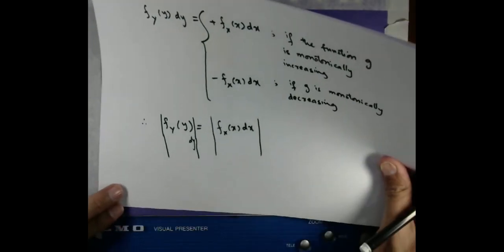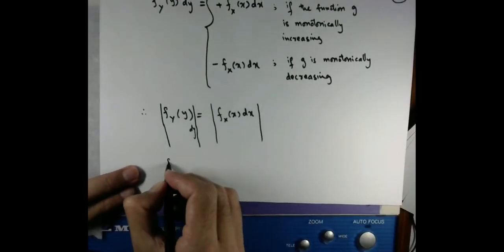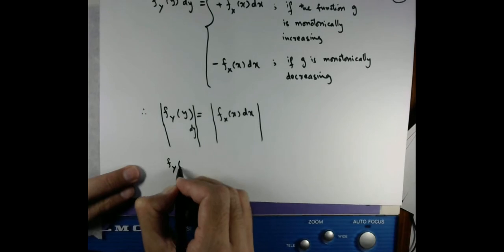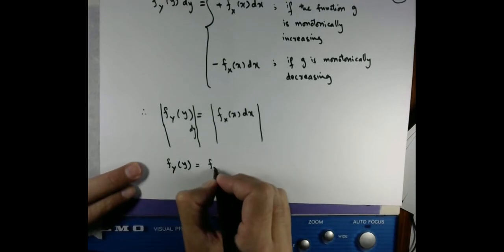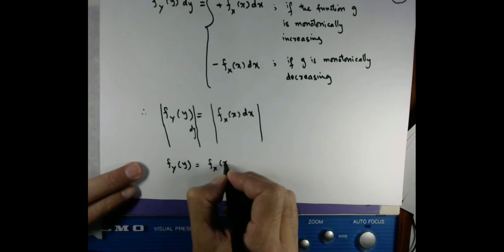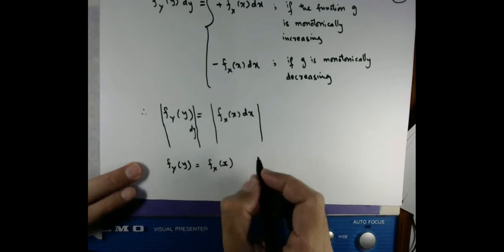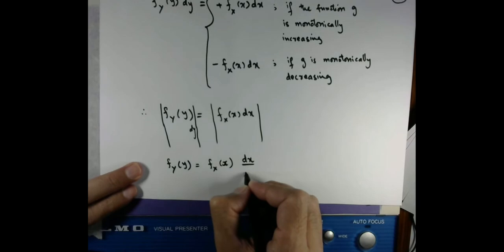So we can simply write it now as f sub y of y is equal to f sub x of x times the absolute value of dx over dy.